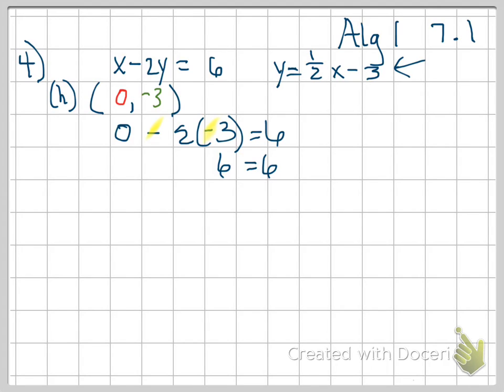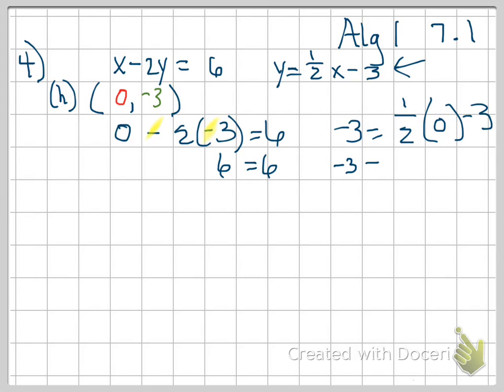Y, which in our coordinate is -3, so we'll plug that in. -3 equals 1/2 times x, and x is 0 minus 3. Okay, let's just bring the numbers down that are on the left-hand side of the equal sign.